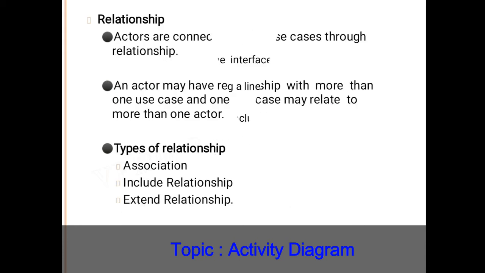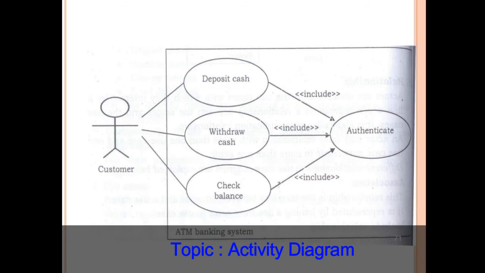See, this is nothing but the customer, and this use case diagram is for the ATM bank system. So the customer can deposit cash, the customer can withdraw cash, and the customer can also check balance.